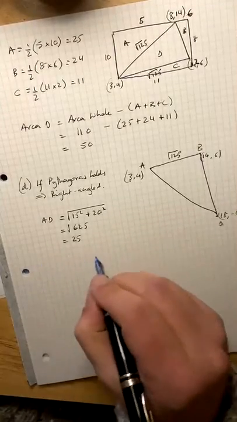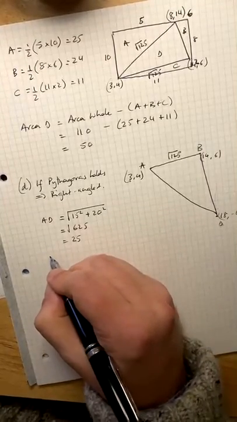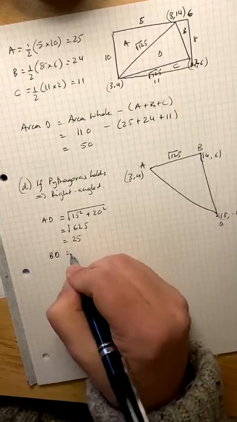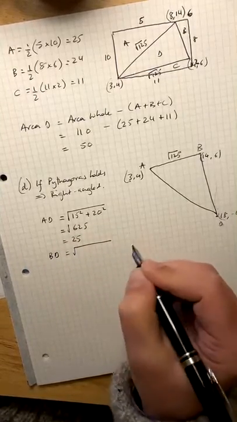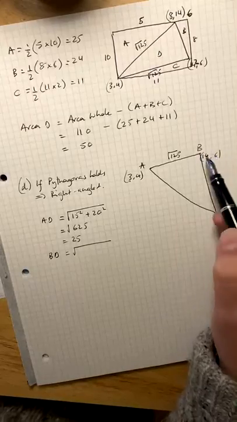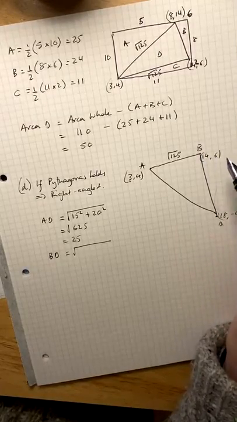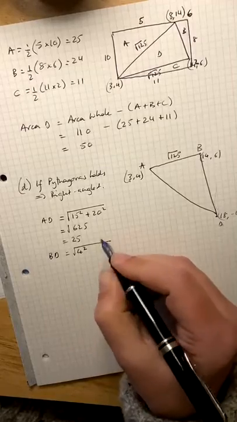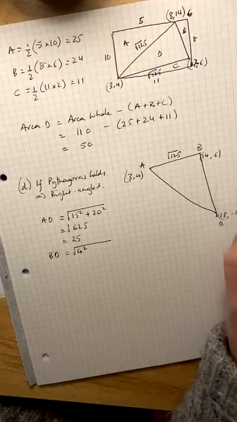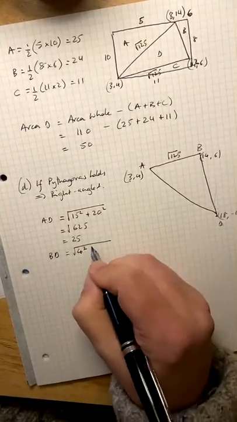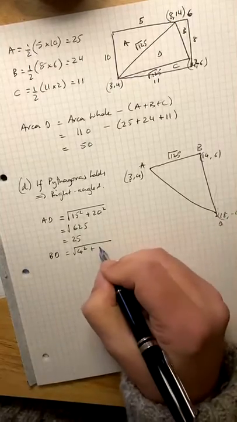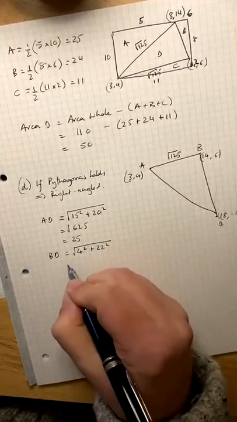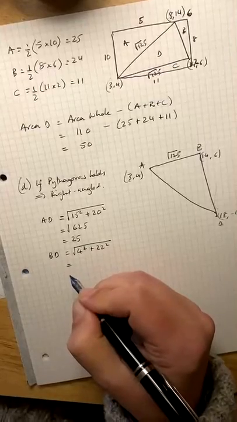Okay, and we know that BD, same sort of logic, is a square root. The distance across is from 14 to 18, 4 squared, and the distance down, 6 to minus 16, 22 squared. Definitely going to use a calculator for that.